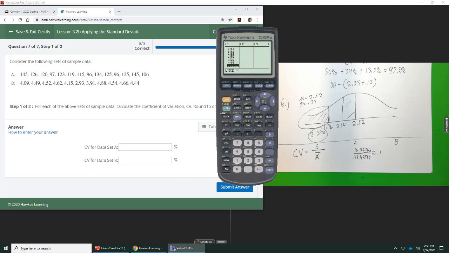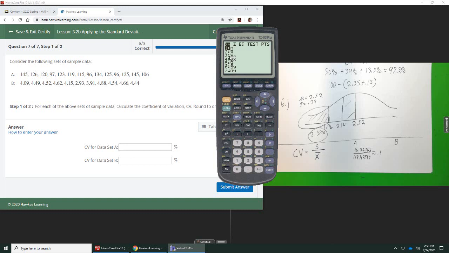Okay, so again, Stat, go over to Calc, enter, and enter again. It gives you your information. So this time, instead of me writing it down, I'm going to let the calculator recall those two. So remember, standard deviation divided by the sample mean. So vars 5.